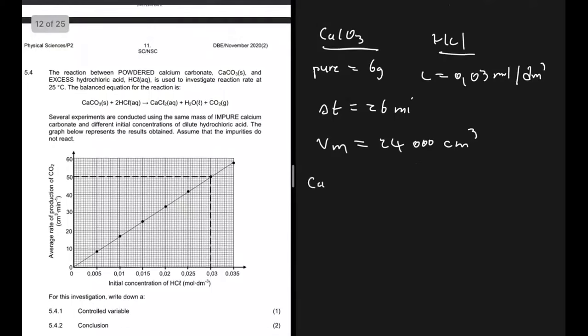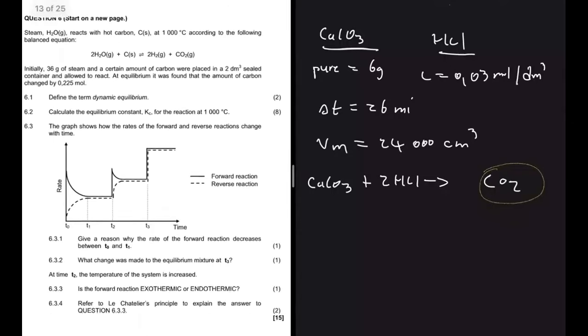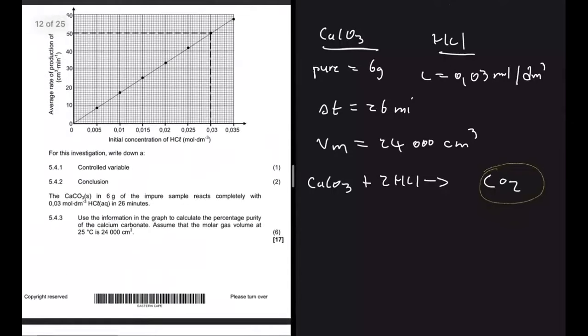Okay, let me just write down the equation again. So we have calcium carbonate plus 2HCl giving us, let's ignore all the other products and just put CO2, because CO2 is what we're interested in, because that's what we were measuring. So the question is saying, let's calculate the mass of CaCO3. For CaCO3, we only have the mass of the pure substance.